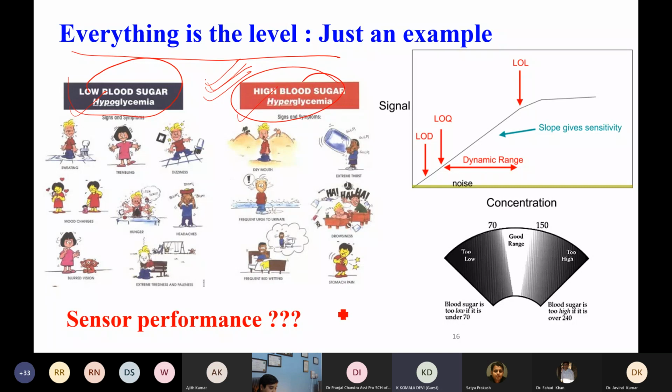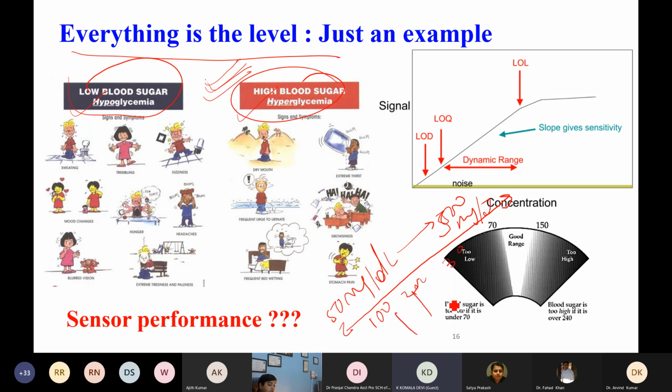The range is from 50 mg per dL to 500 mg per dL. If this range is wide, and the glucose is 100, 200, 300, 400 and so on, the sensor is able to detect every level. But if it is very narrow, for example 50 to 150, that is a very narrow range.